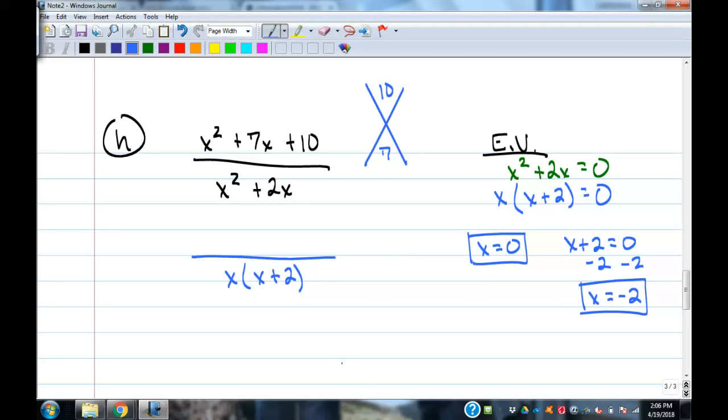What multiplies to be 10 and adds to be 7? 2 and 5, or 5 and 2. It doesn't matter what order you put them in there. Now, because there's nothing in front of x squared, that allows me to go straight to my factors, x plus 5 and x plus 2. Because they what? They match. Matching factors cancel.